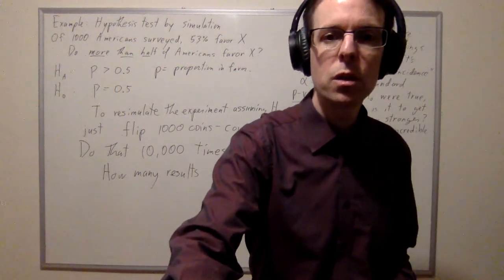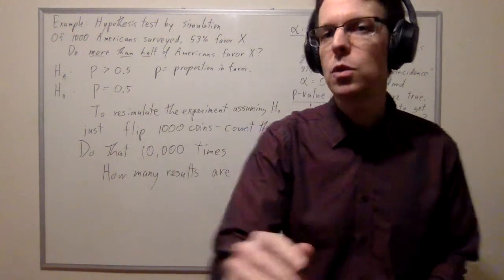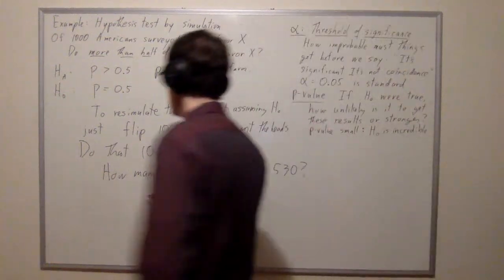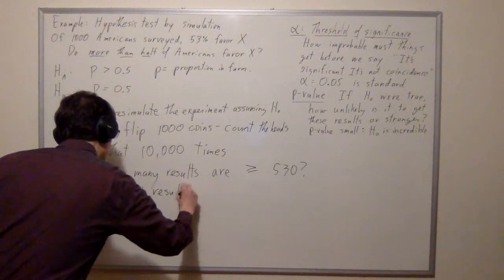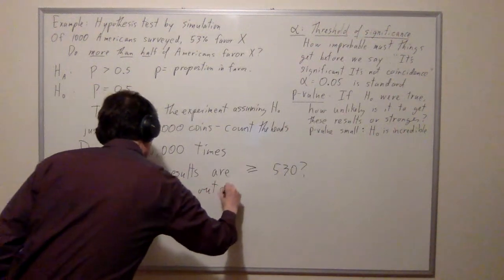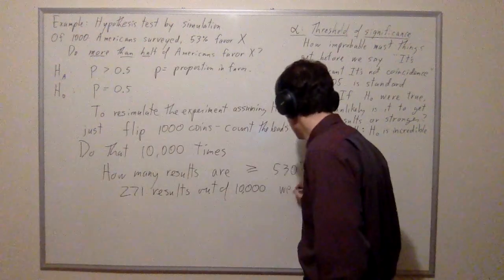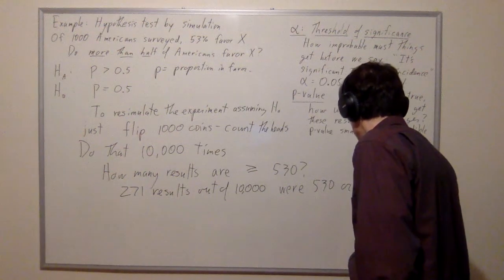And I won't bore you with the details of the programming, but I did that before the lecture. And here's what happened. I got 271 times 530 or more. So 271 results, out of 10,000, were 530 or higher.